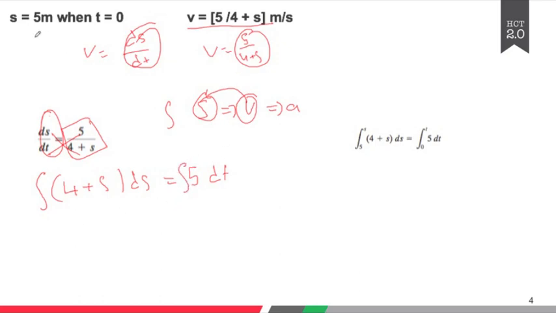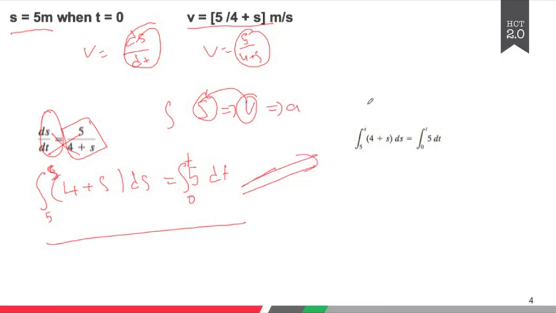Given in the question that s is equal to 5 when t is equal to 0, so we start our integration from 5 to s, and here from 0 to t. So we resulted in this equation.